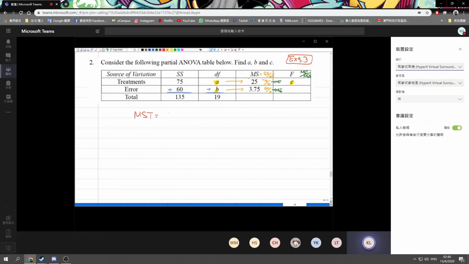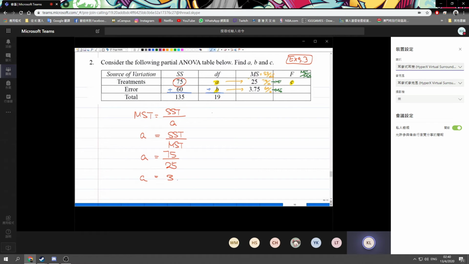MST equals SST here divided by the degrees of freedom, right? So A is then SST divided by MST. Looking at the information available in the table, we have SST equals 75 and MS equals 25. So A is 3.